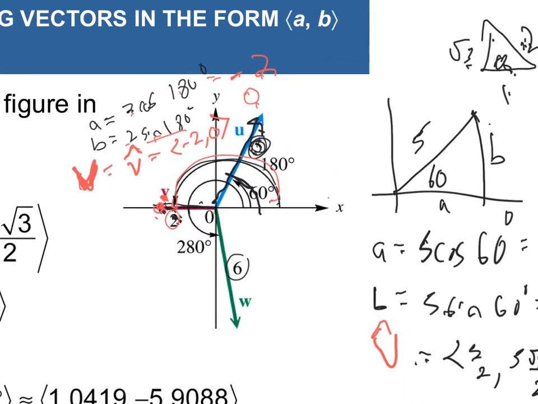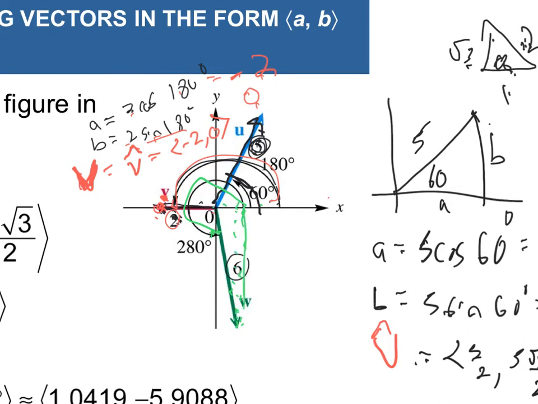Last vector, the green one. We do green. I need this angle. I see he did a 280, starting from here, 280. But that's the positive angle, so that's the angle I have to use. Okay, so there it is.